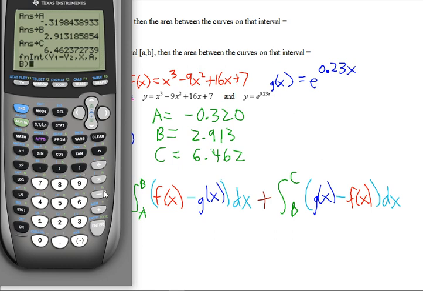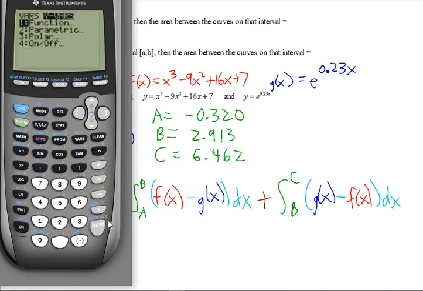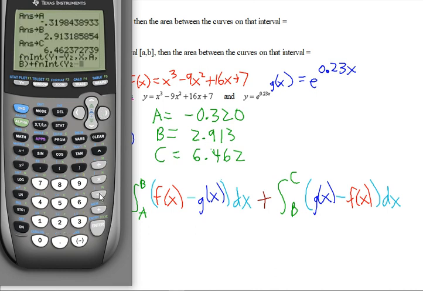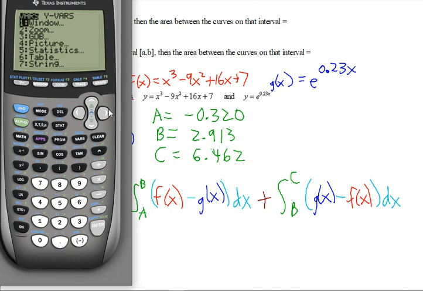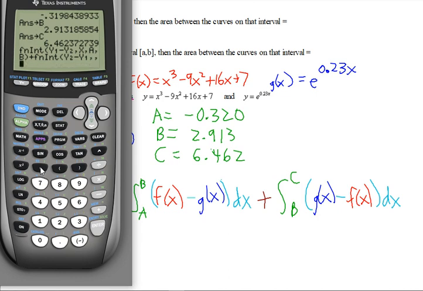And then plus math, 9, function integrate. This time it's g minus f, so it's y2 minus vars, y variables, y1, comma, variables x, comma, the lower limit alpha B, comma, the upper limit alpha C. And we want to be accurate to the thousandths place.